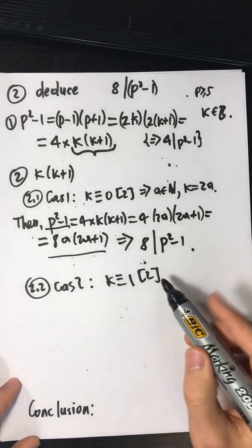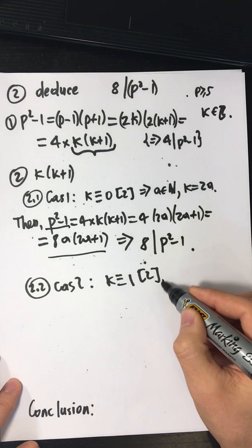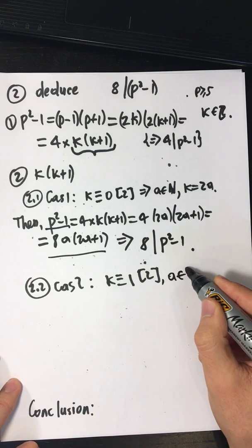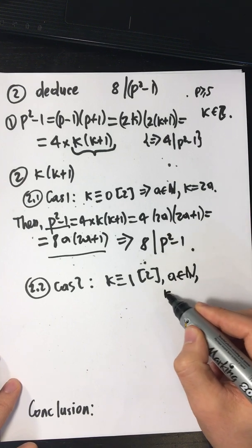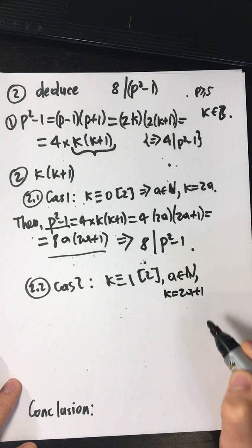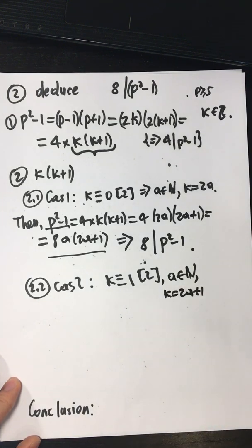And now case 2, if we have this one, you can say for a is natural number, k can be written by 2a plus 1. It means k is odd number.